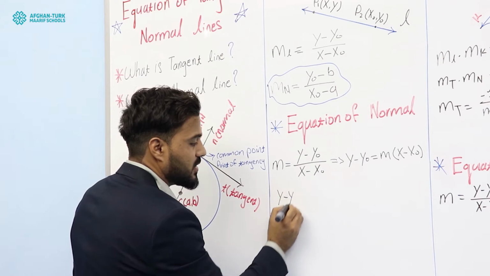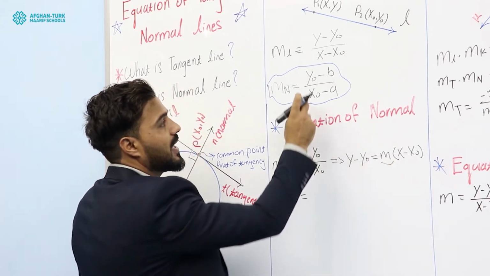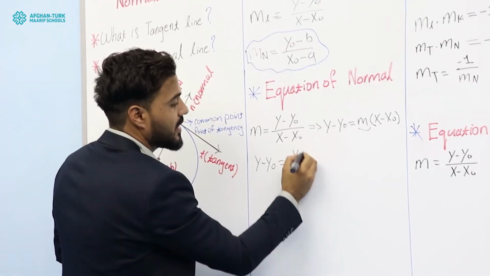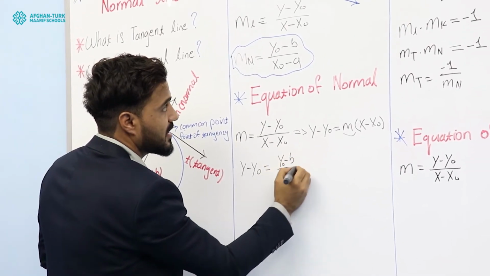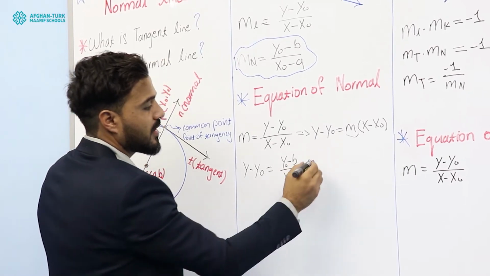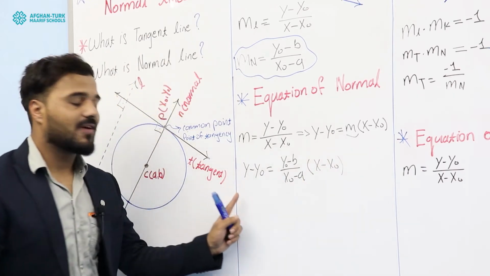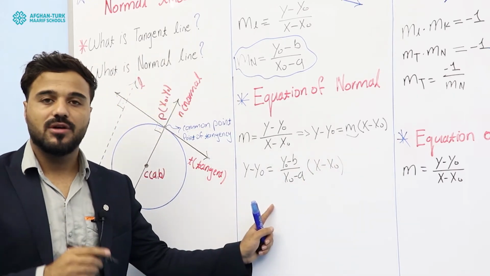Y minus y0 is equal to y0 minus b divided by x0 minus a times x minus x0.